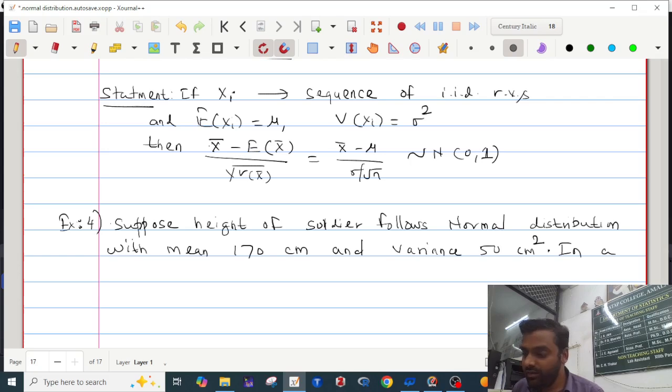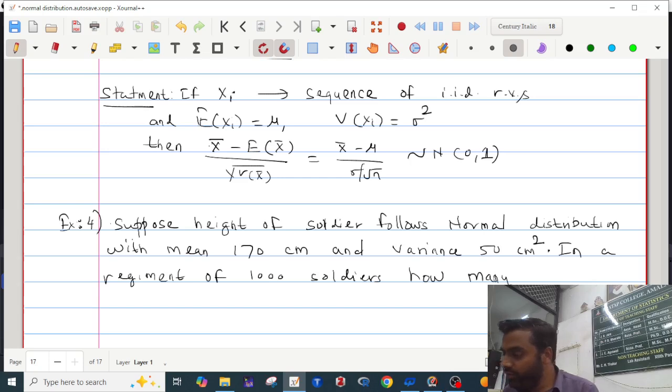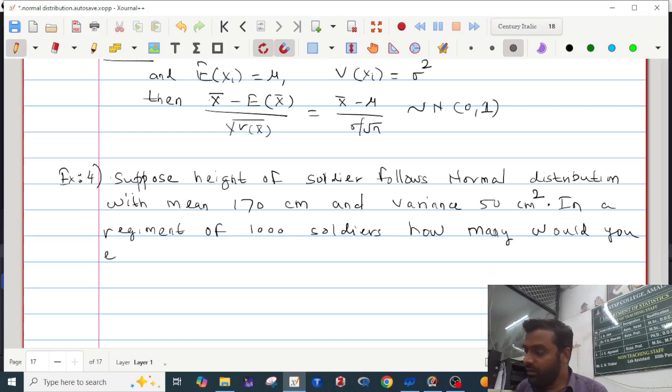Question is, in a regiment of 1000 soldiers, how many would you expect to be over 180 centimeter tall?